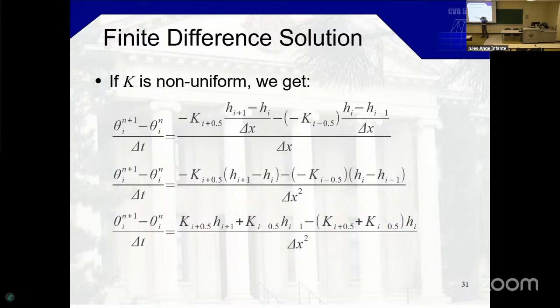And now if you distribute it inside your operator, you just multiply this by H plus 1 minus this. The delta X can come out because it's a constant delta X, we're still keeping the constant value. And now we end up with this term.